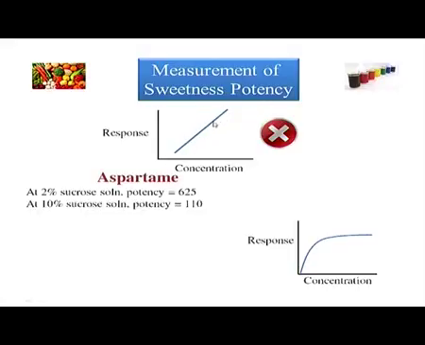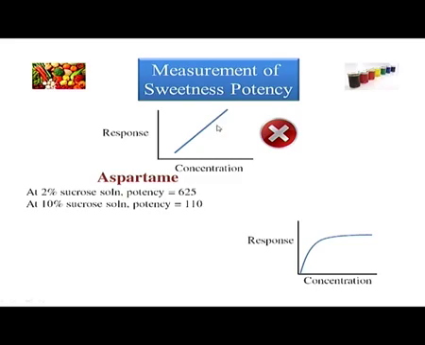Now, very interesting is the response versus concentration curve, or this graph here, for sweetness, which means if you keep on increasing the concentration of a particular sweetener, what is the response? For example, if a 5% solution will give you this much sweetness, then 10% of that solution should give you a response which is just double, right, and then 20% should be double of 10%, right. But that is not the way it happens.